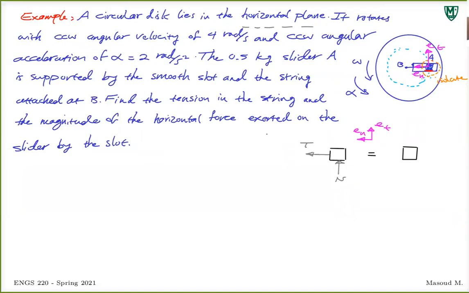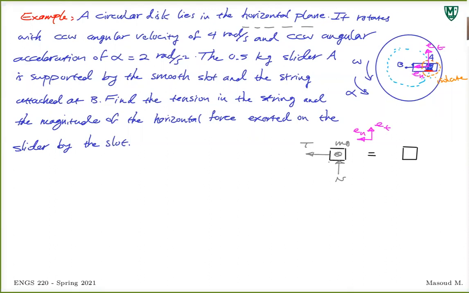Hopefully it makes sense. If it doesn't, stop me. So again, I'm eliminating mg, not because it doesn't exist, but because it doesn't matter. If you really want to show it, you can show mg as going inside the screen.